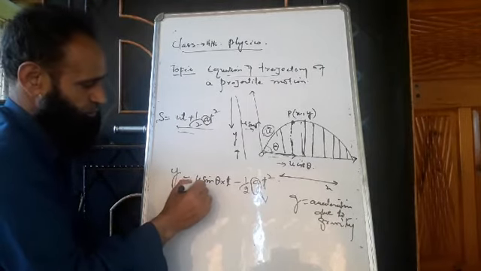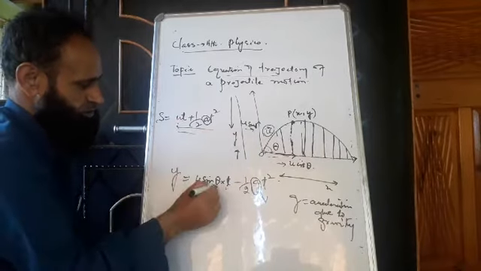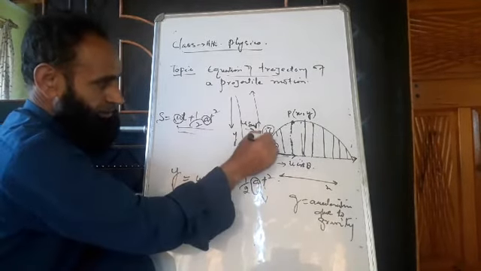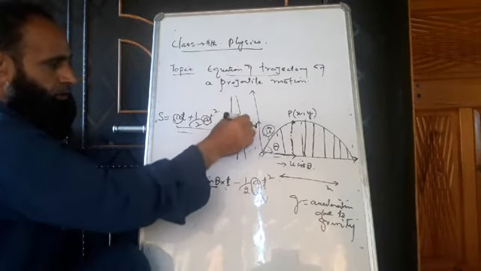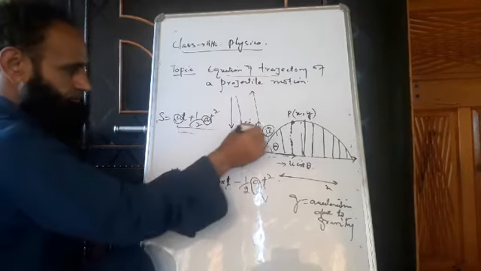So we may use u sine theta into t, that is, instead of u, we have u sine theta, because we have resolved this u into two components. Along the vertical component there is u sine theta, then u sine theta into t.